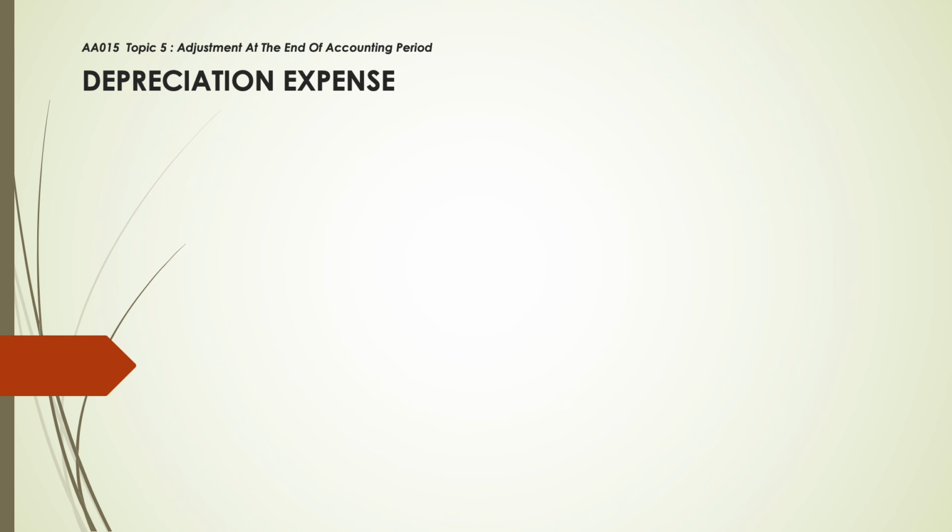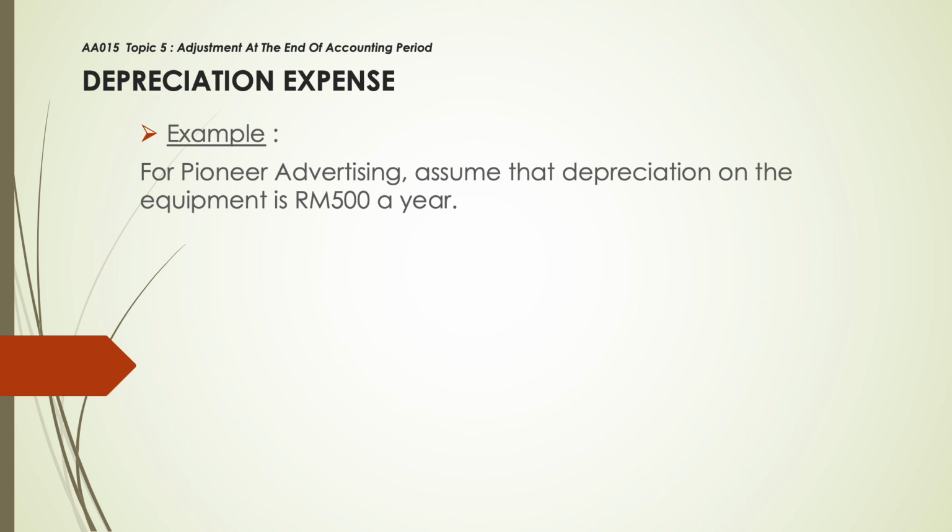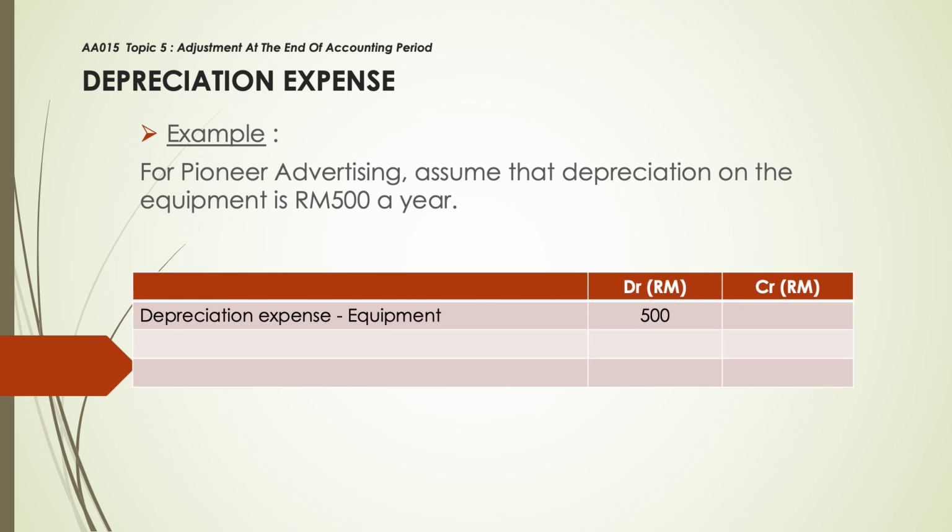Let's look at another example of generalizing the depreciation expense. For Pioneer Advertising, assume that depreciation on the equipment is 500 ringgit a year. The amount of the depreciation is given, so we don't have to calculate. Straight away, we journal. Debit depreciation expense equipment 500 ringgit. As an expense increase, we debit.